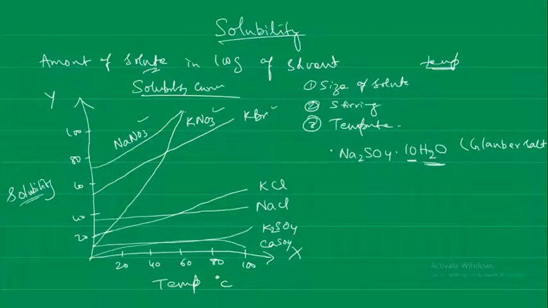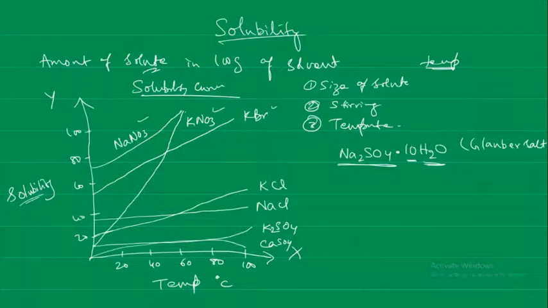Okay, so simply if you take sodium sulfate, it is Na2SO4, but we are putting a dot and then we are writing 10H2O. That means there are 10 water molecules that are associated with this compound.